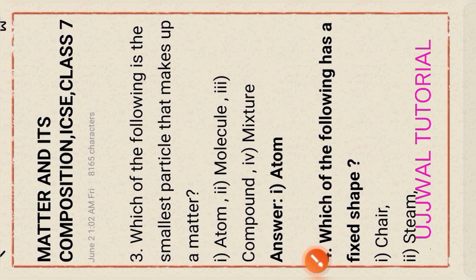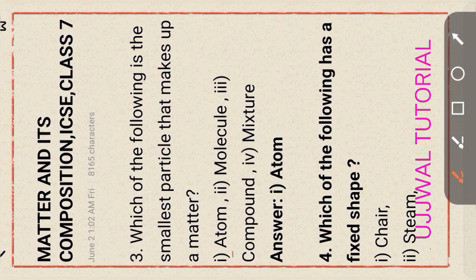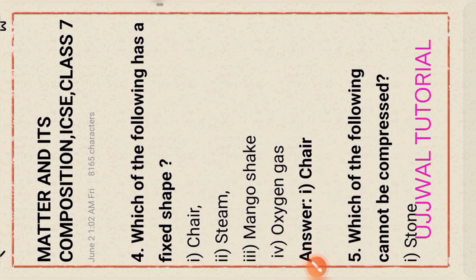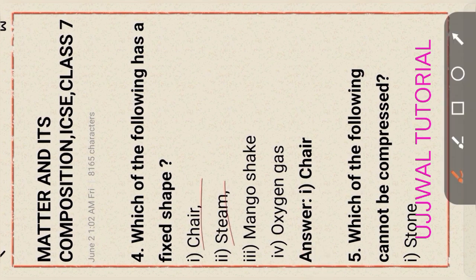Which of the following is the smallest particle that makes up matter? Options: atom, molecule, compound, mixture. The smallest particle of matter is the atom. Next question. Which of the following has a fixed shape? Options: chair, steam, mango slag, oxygen gas. Chair. A chair has a fixed shape.